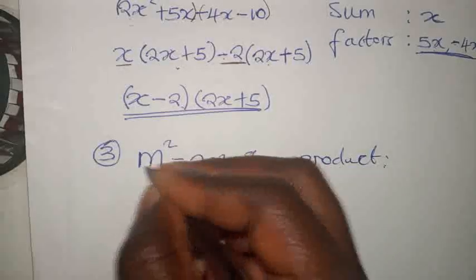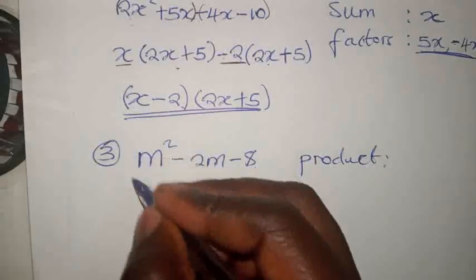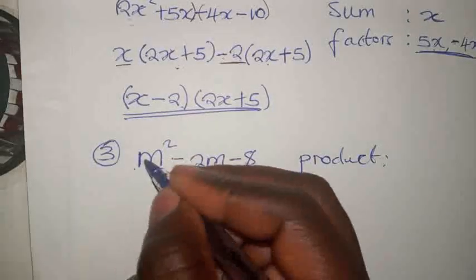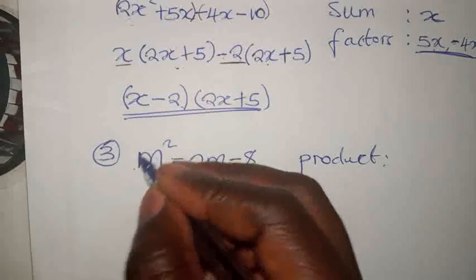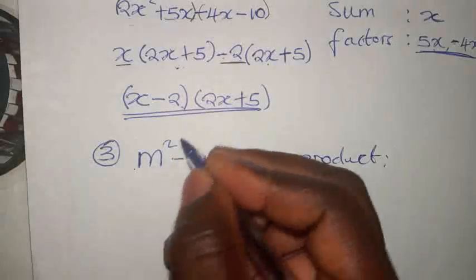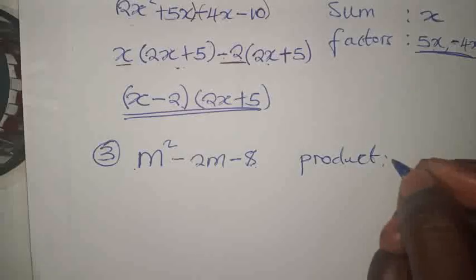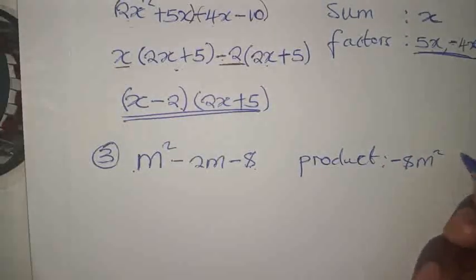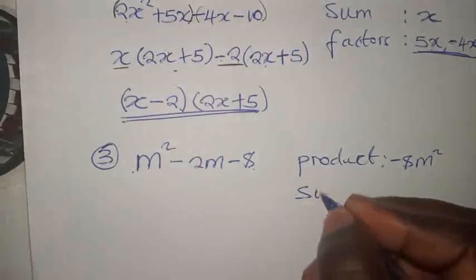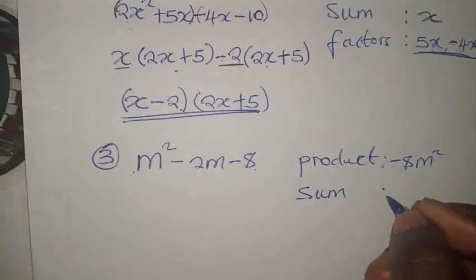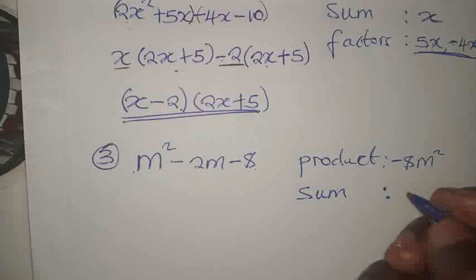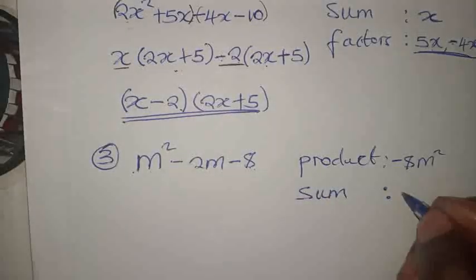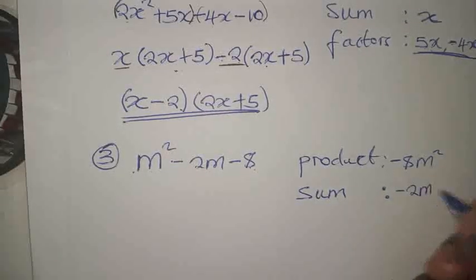Negative 8 by 1m squared, because here we assume there is 1. The coefficient of m is 1. So negative 8 by m squared, it's negative 8m squared. For the sum, you just get the one that has a variable without a power, that is b, this one, so it's negative 2m.